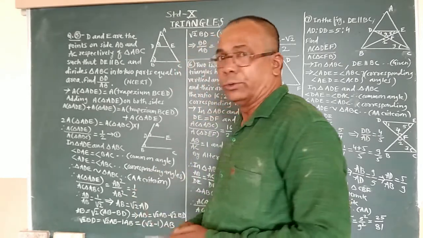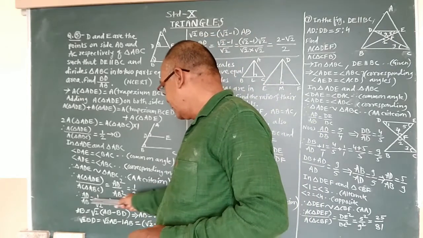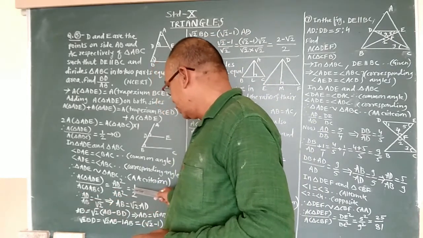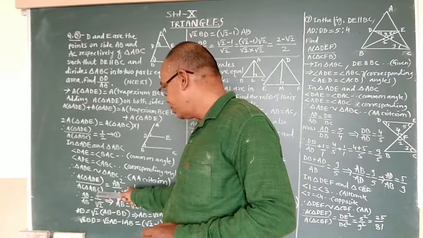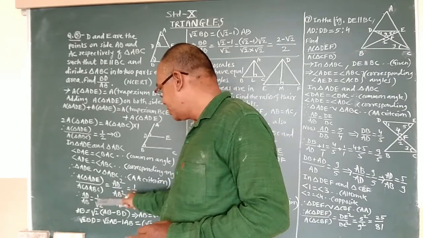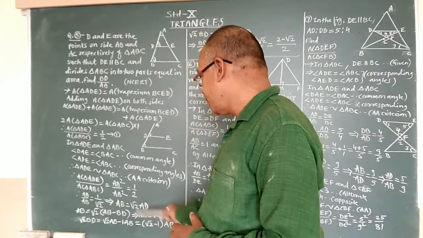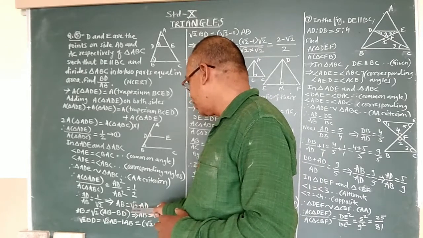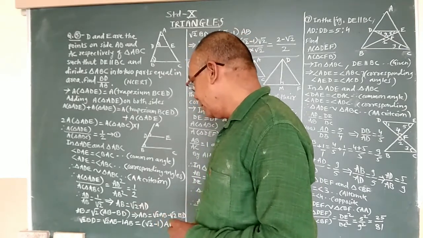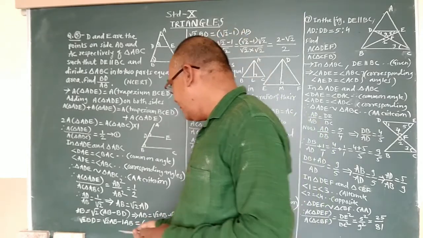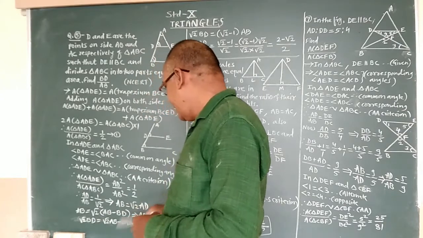Now taking square root of both sides, we get AD upon AB is equal to square root of 1, which is 1, and square root of 2 is root 2. So AD upon AB is equal to 1 upon root 2, or AB is equal to root 2 into AD. Now AB is equal to root 2 into AD.